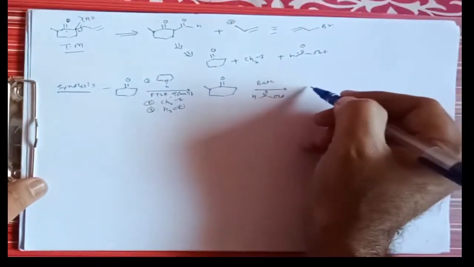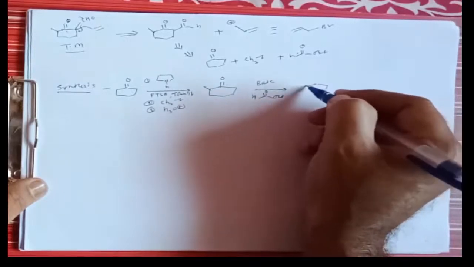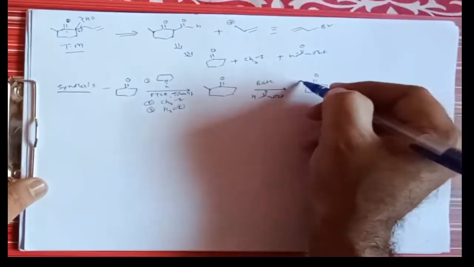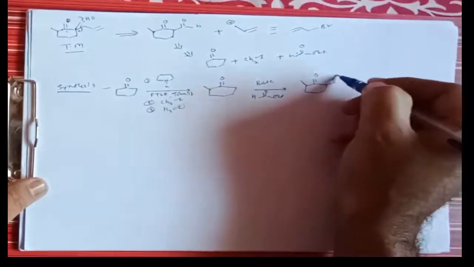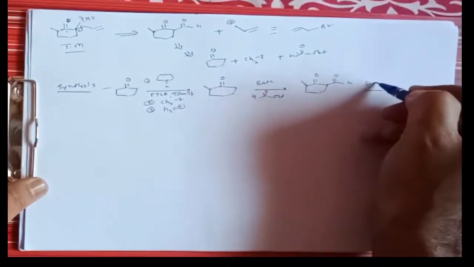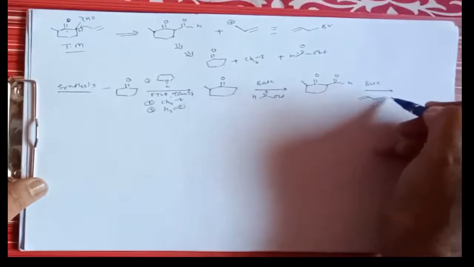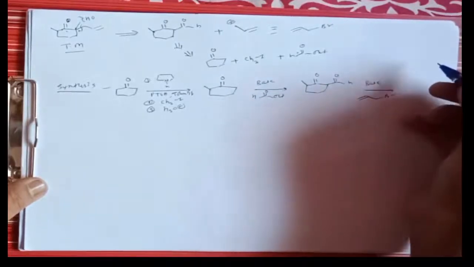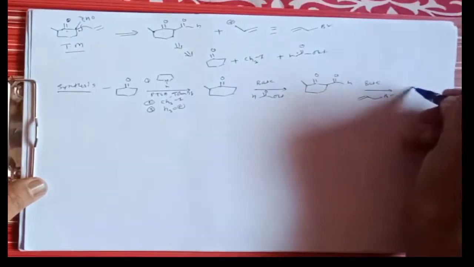It gives a 1,3-dicarbonyl compound, and now we can again treat with this base and this allyl bromide, right? So it gives the target molecule.